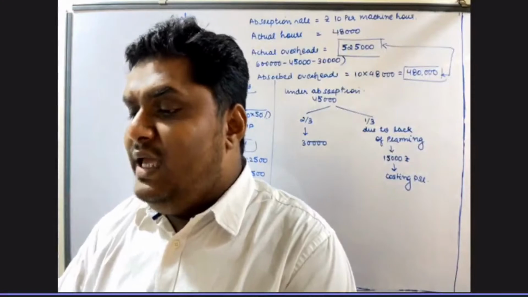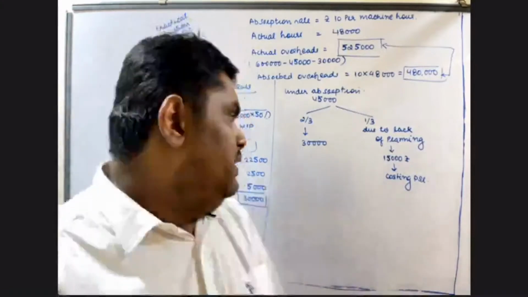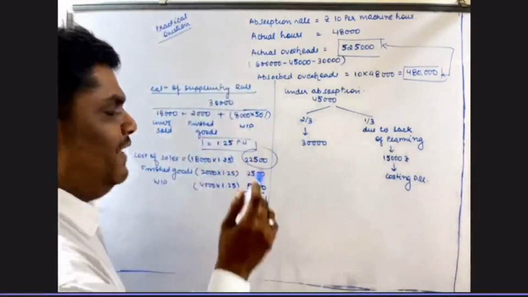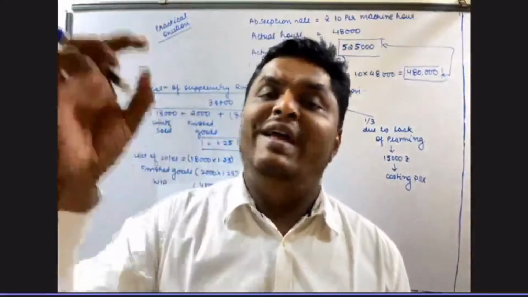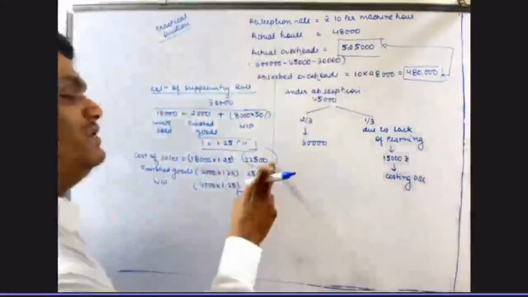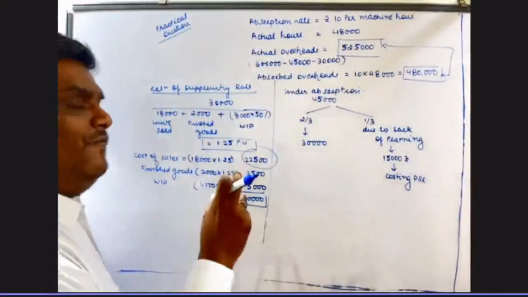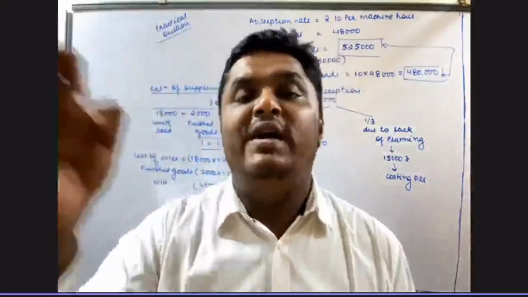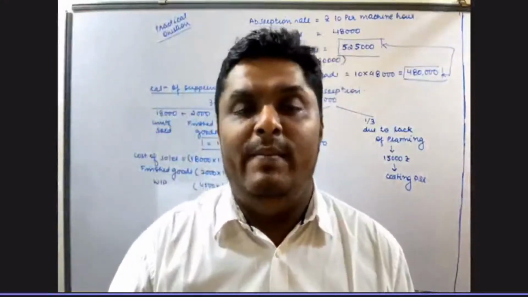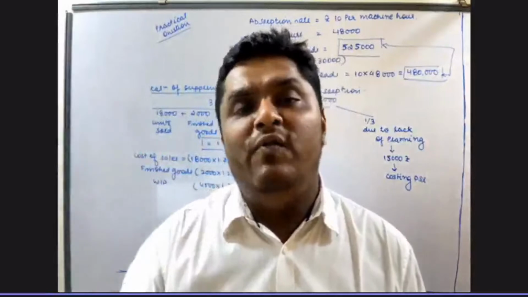See, again, when talking about this 22,500, it will be added to the cost of sales. It means we have to transfer it to costing P&L only. Where does our cost of sales go? To costing P&L. So where will 22,500 also go? To costing P&L. And it will reduce the profit by 22,500.